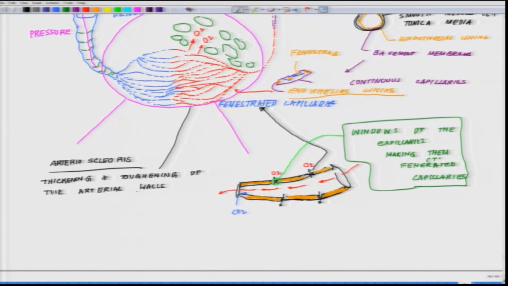The condition may not sound life threatening. It is not really life threatening in the beginning, but complications related to arteriosclerosis account for a huge amount of death.